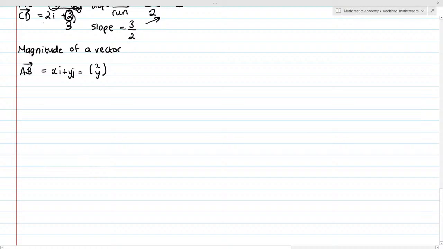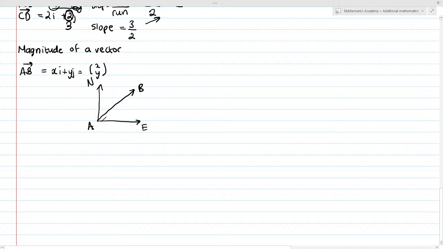Let's remind ourselves first of what the magnitude means. Suppose we had a vector AB like the one I've drawn here. The magnitude tells us the length of this vector. It ignores the direction. If we had north here and east here, then we would know that AB is northeast.